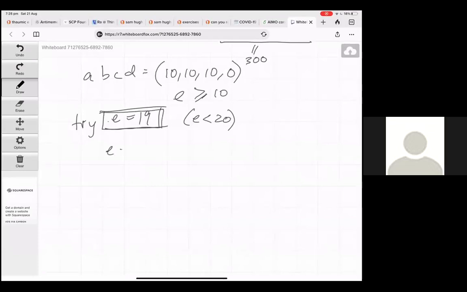So if E is equal to 19, then E squared is equal to (10 plus 9) squared, which is 100 plus 81, plus 2 times 90, which is 180. So that's 280 plus 81, which is 361.